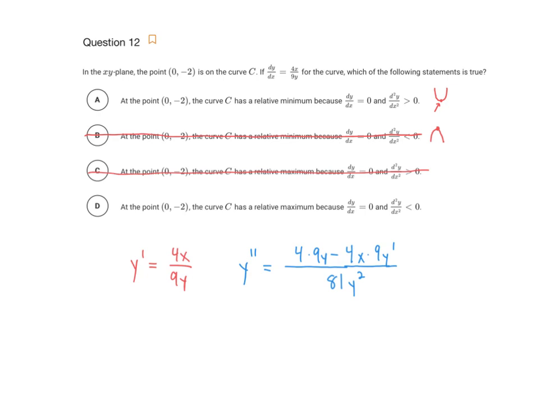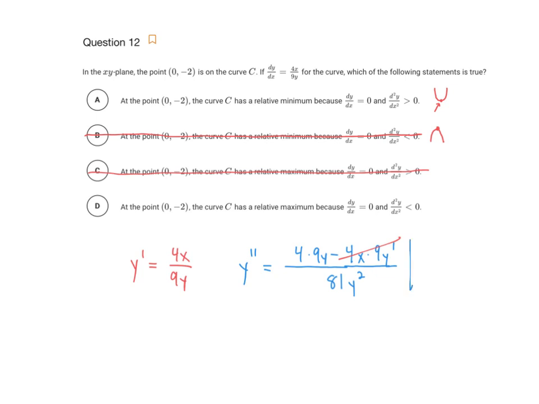Okay, and then at (0, -2), you can see the derivative is 0. When you plug in 0 for x, the derivative is 0. So that means this y prime at that point is 0. So this whole term just goes away. Okay, and then all we're left with is y's. So we'll plug in -2 for those two y's.